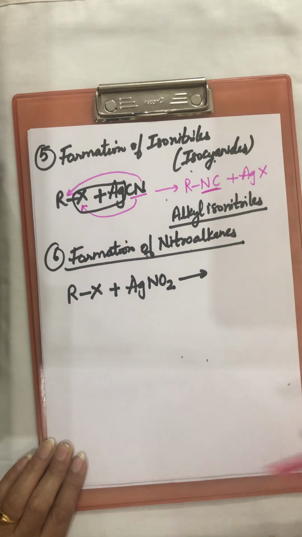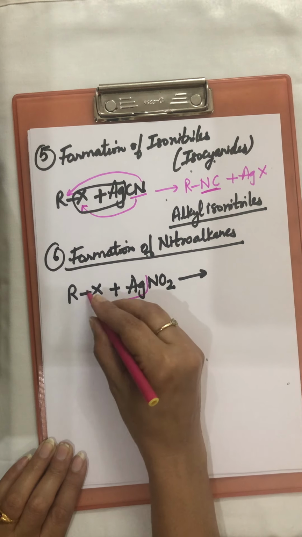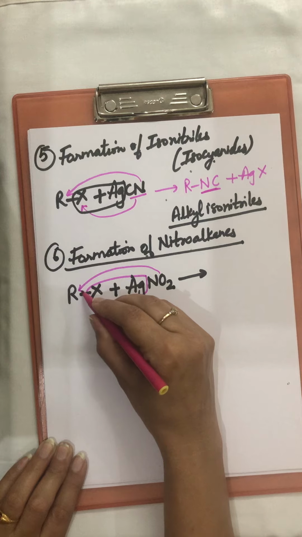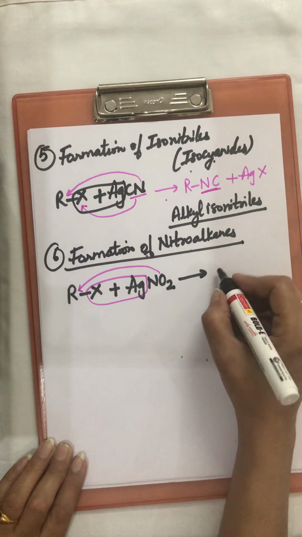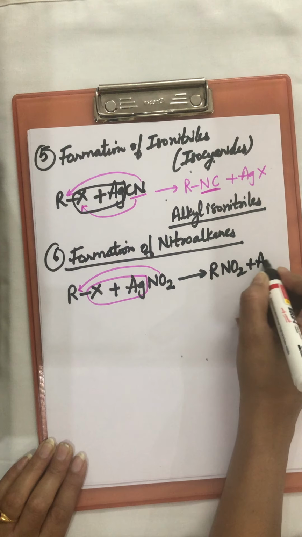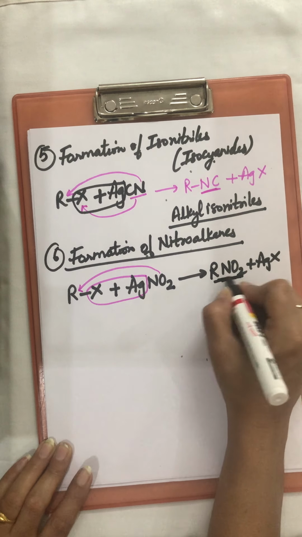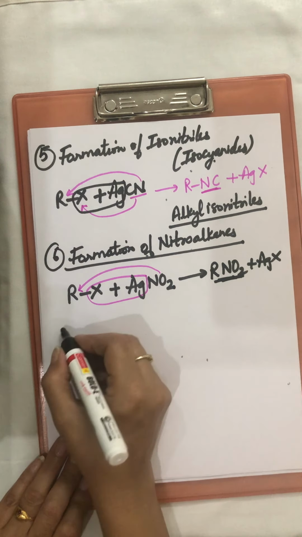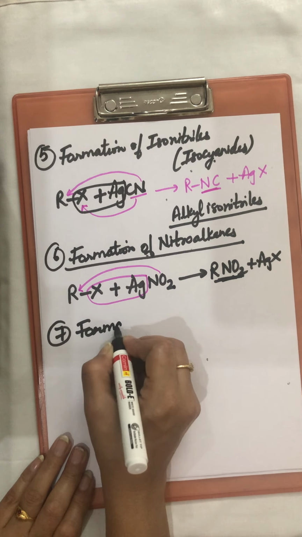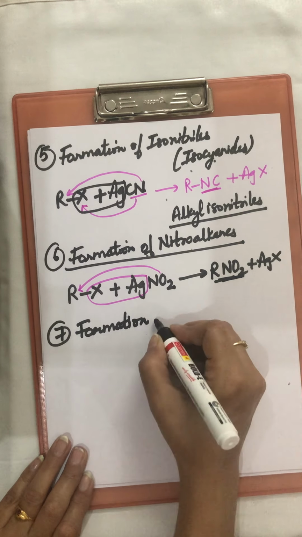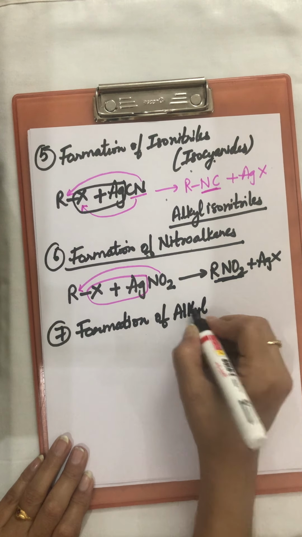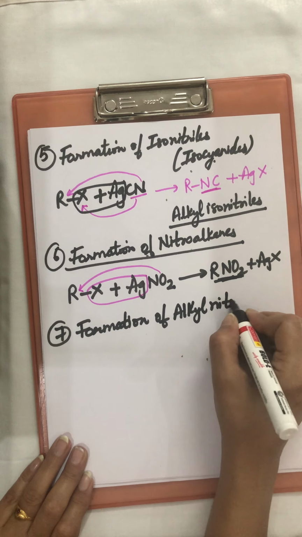Now AgX comes out and this NO2 attacks this alkyl and we get RNO2 plus AgX. This is the nitroalkane. Next chemical property is formation of alkyl nitrite.